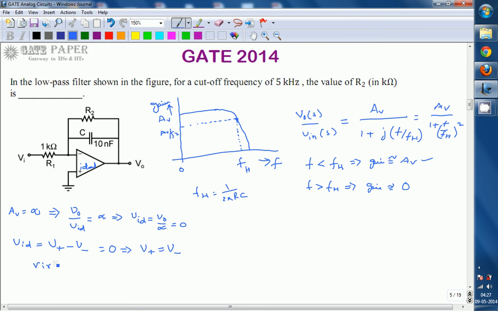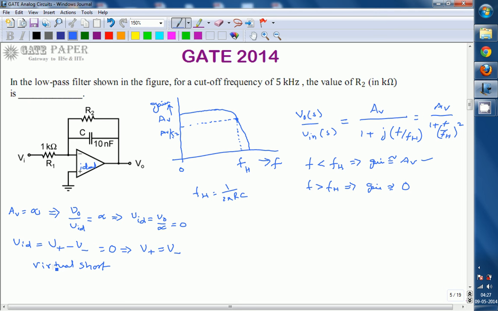This concept is called virtual short. An ideal operational amplifier with AV equal to infinite gives rise to this special concept: whenever one terminal is at some voltage, the other terminal will be at the same voltage. Both are effectively shorted but no current flows, which is why it is called virtual short.